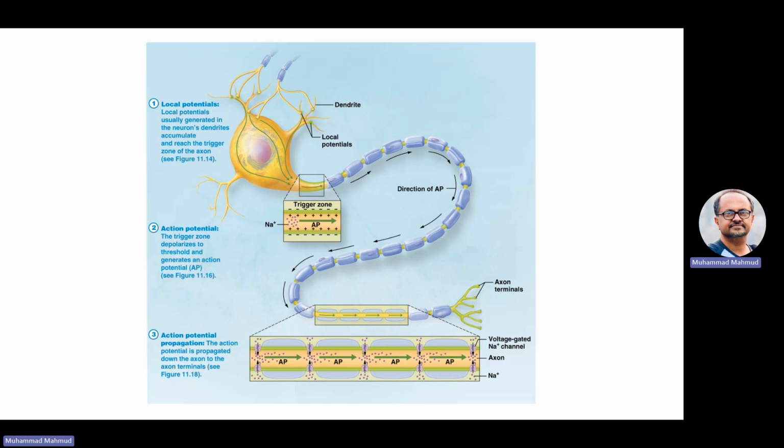The trigger zone depolarizes to threshold and generates an action potential that will move on. And at the end, the action potential propagation will take place down the axon and up to the axon terminals. So that is all about this lesson.